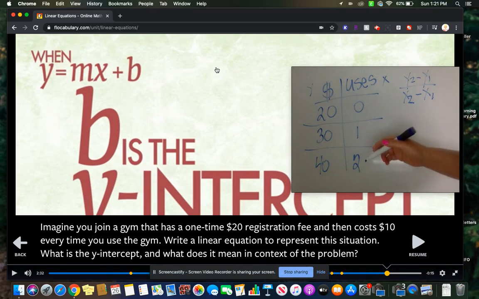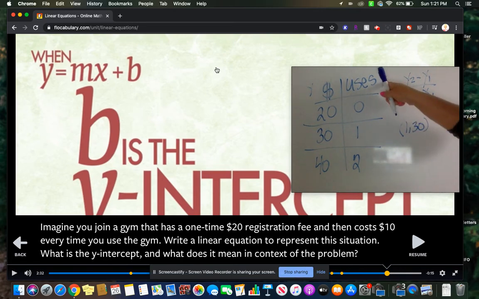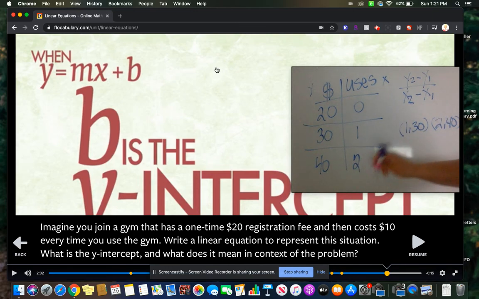The first one I'm going to pick is this one here, which is (1, 30), because I need to write X and then Y. And the next one I'm going to pick is (2, 40). I get that from here. Let's label it: X1, Y1, X2, Y2.